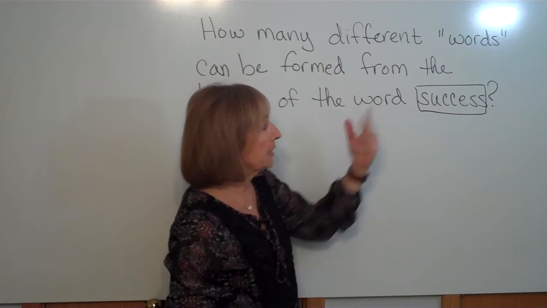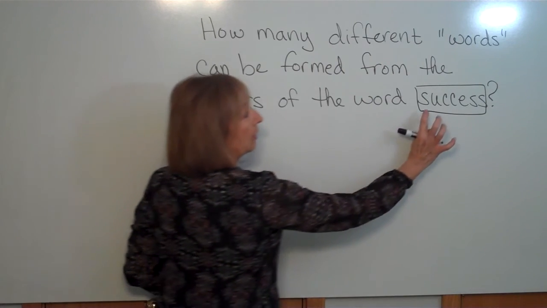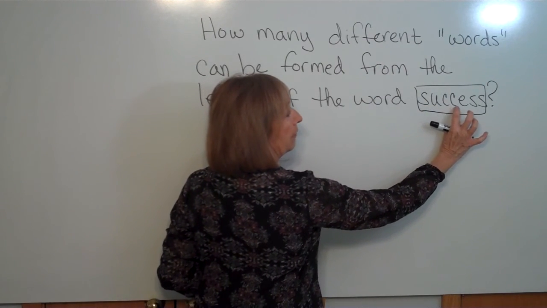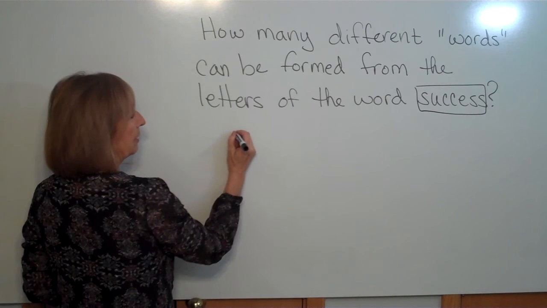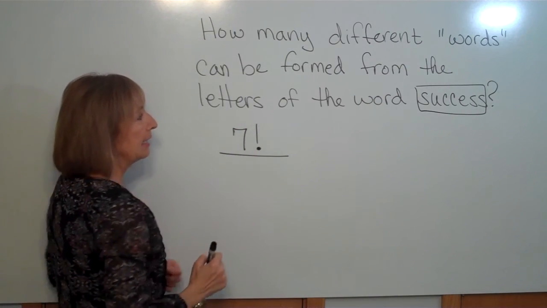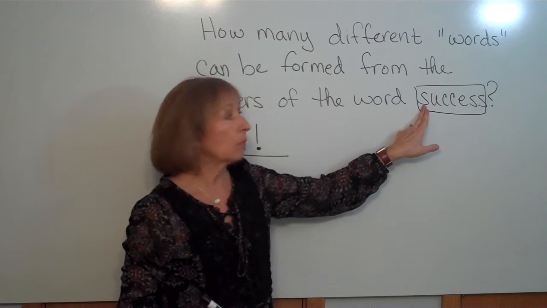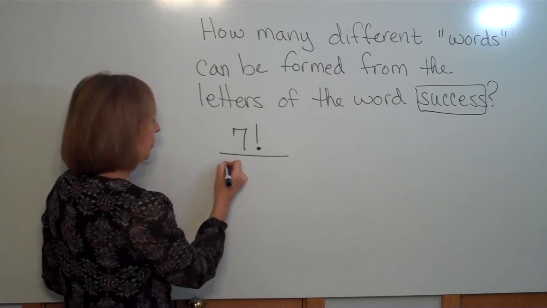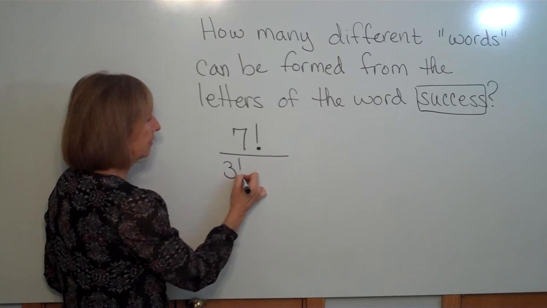Well, this is where there are repeated elements. There are 2 C's, there are 3 S's, and the total number of letters is 1, 2, 3, 4, 5, 6, 7. So this will be 7 factorial divided by, now my S's, there are 1, 2, 3 of them, so that's 3 factorial.